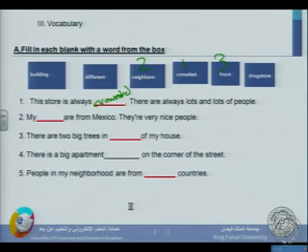There is a big apartment building on the corner of the street. Apartment معناها شقة. Building عمارة on the corner of the street. Number 5. People in my neighborhood are from different countries.